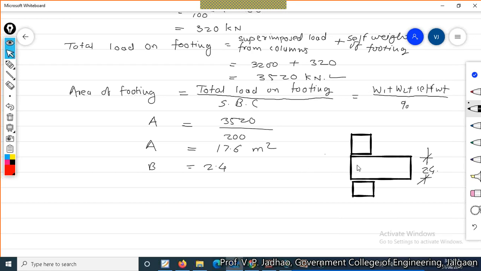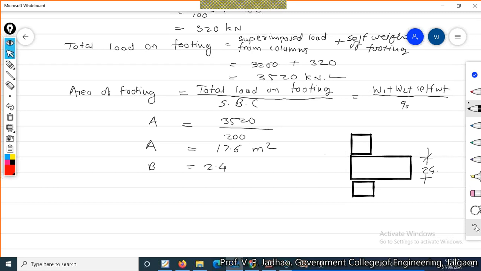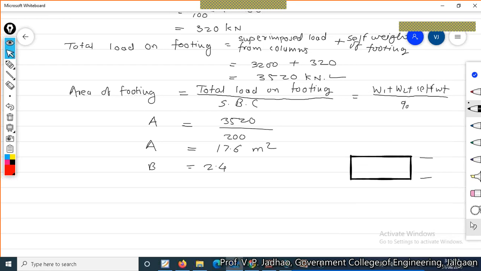Or there may be a property line here, your property ends on this side, so you have been given some limitation on this width.